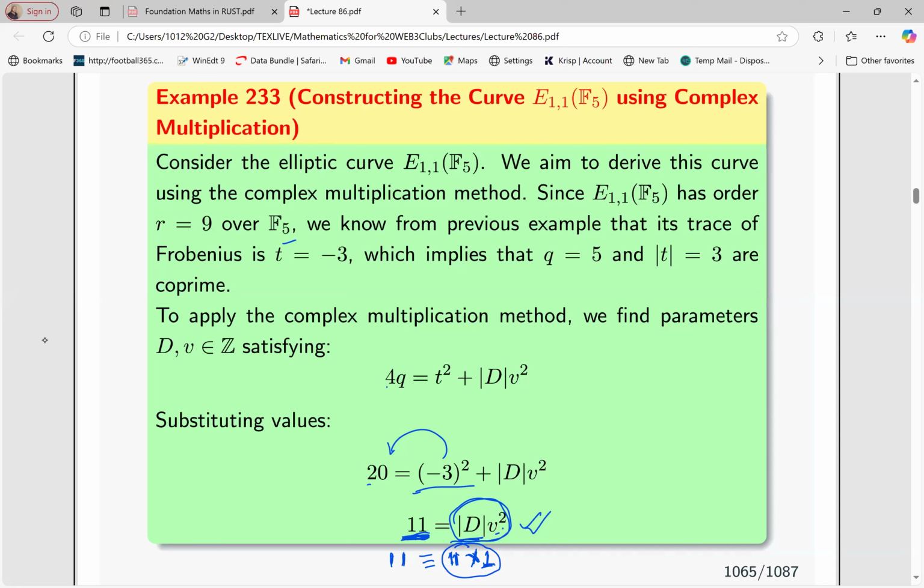Of these two numbers, one of them is d, and another one is b squared. The one that must be b squared is the one whose square root you can get. In our case, you can get the square root of 1. So that means d is 11.